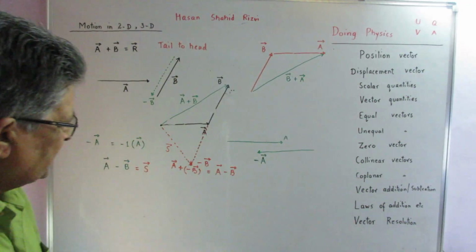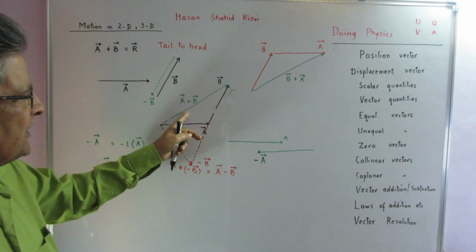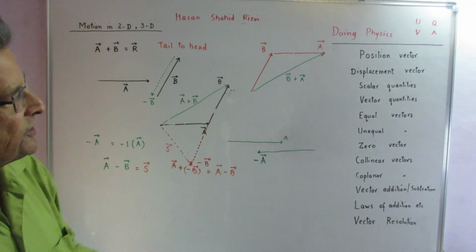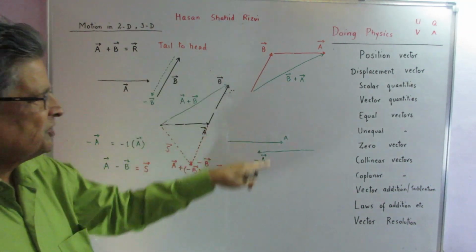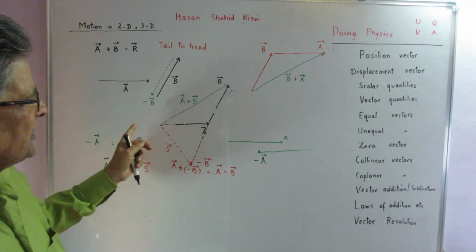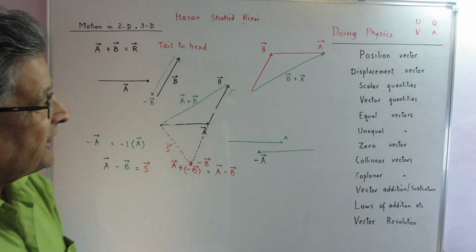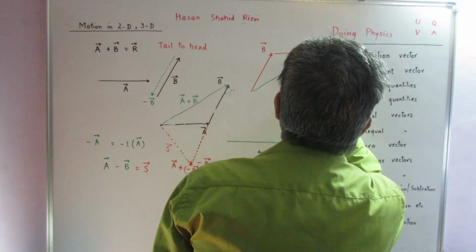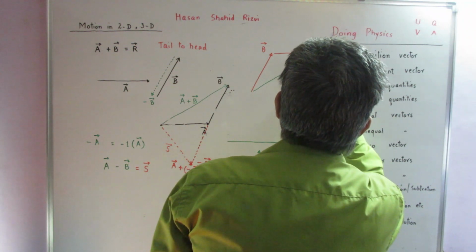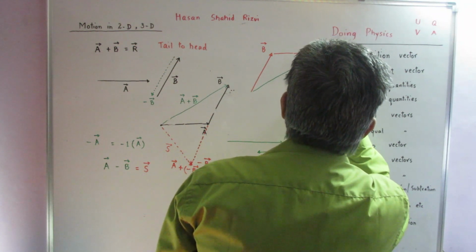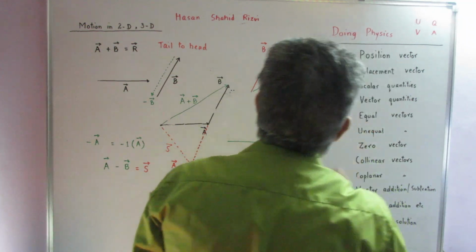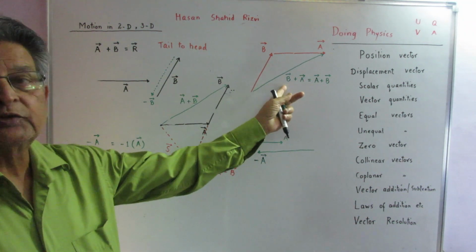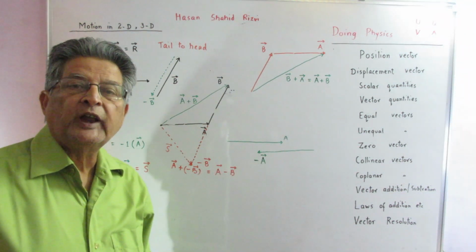Okay, and you can now compare this vector with this vector, and you find that the two vectors are in the same direction, the two vectors are the same species, and the two vectors have got the same magnitude. So I can say that B plus A is equal to A plus B. So this kind of relationship is, in mathematical terms, commutative.